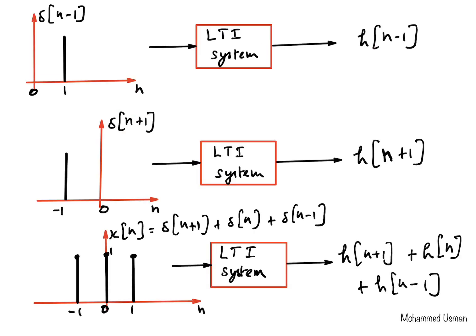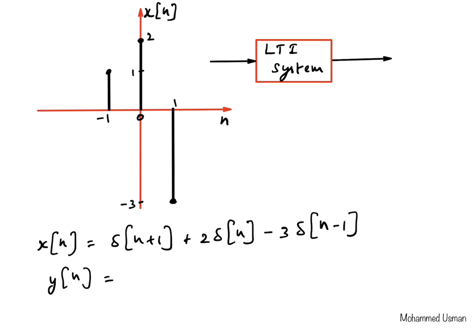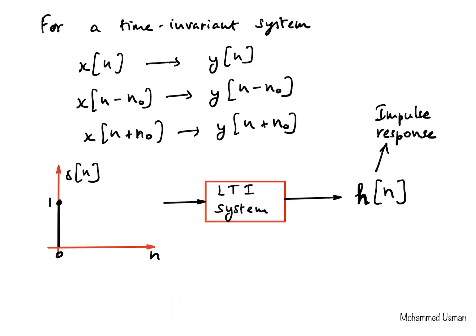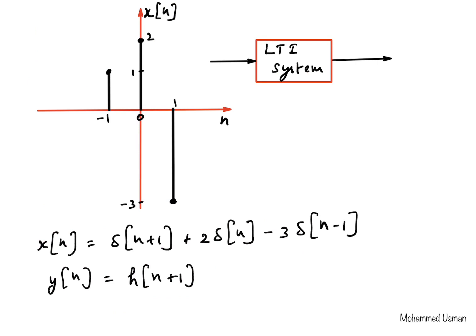So for delta of n plus 1, the output is h of n plus 1, and that has not got scaled, so that will still be h of n plus 1. When the input is delta of n, the output is h of n, but now the input has got scaled by a factor of 2, so it is 2 times delta of n, so the corresponding output is also going to be scaled by the same factor, so that's 2 times h of n.